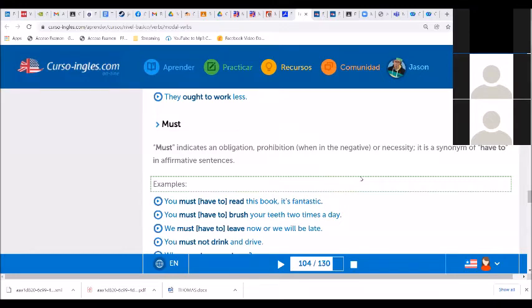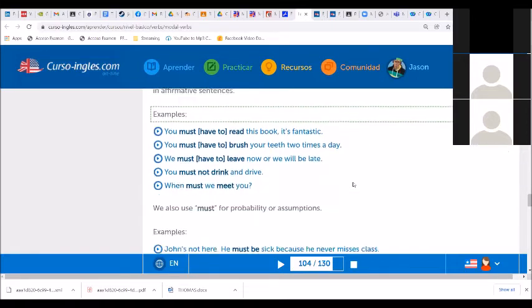Example: you must read this book, it's fantastic. You must brush your teeth 2 times a day. We must leave now or we will be late. You must not drink and drive. All right. So this is 100%. This is a rule. Don't break it. This is how things should go.